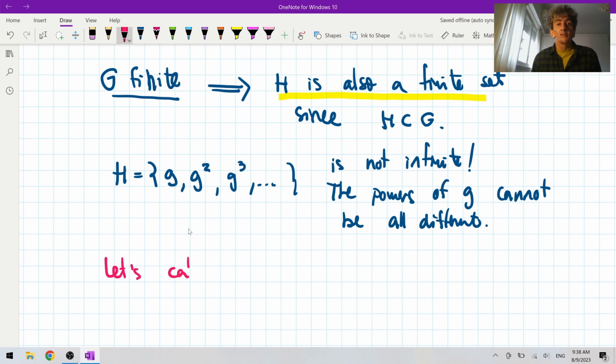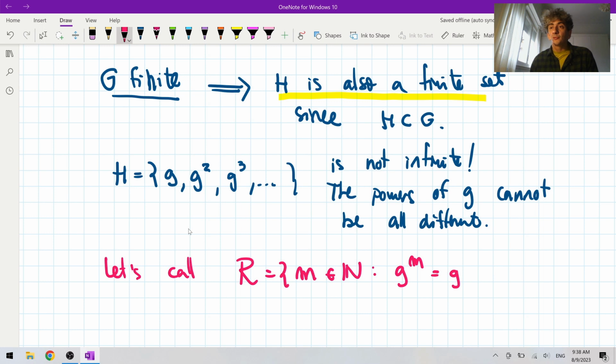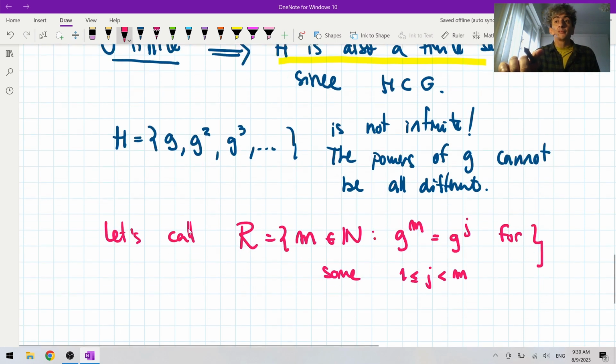Let's call R the set of natural numbers M such that G to the M equals G to the J for some natural number J lesser than M. Okay, so this is a set of natural numbers for which G to the M equals one of the powers of G that appeared before.